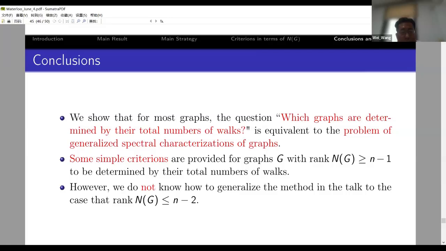Well, your hypothesis, you're looking at controllable graphs and asking questions about isomorphism and number of walks. And I'm asking, what if you replace the assumption of controllable by the assumption that the characteristic polynomial is irreducible?